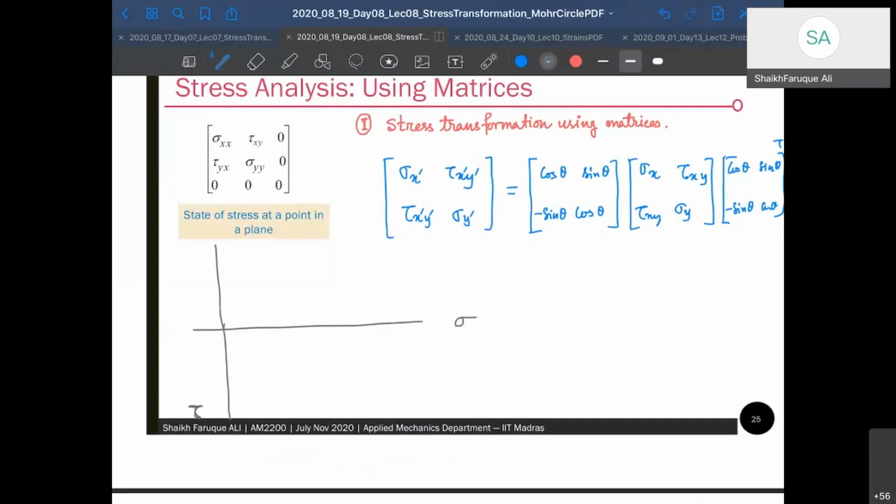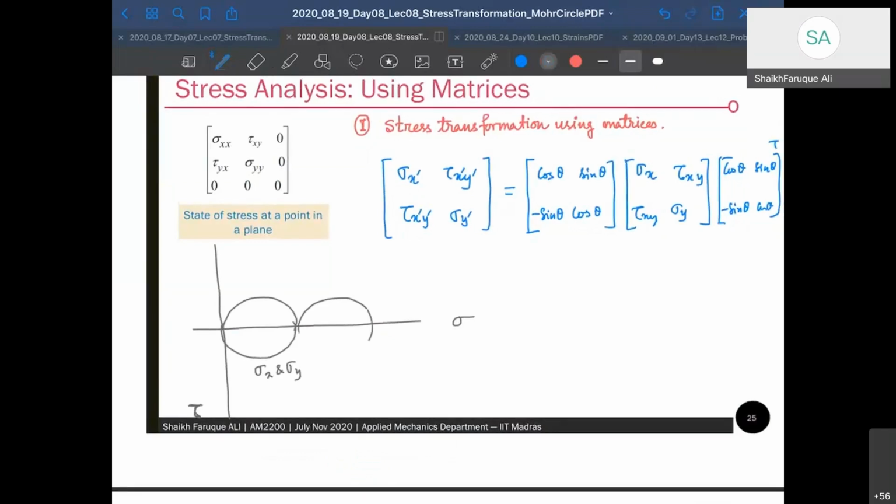So you have to draw a circle between sigma x and sigma y. Then you have to draw another circle between sigma y and sigma z maybe. And then you have to draw another circle between sigma z and sigma x. So like for the cube also, we will take each face of the cube and analyze it, sir. Right, that we will do. And then there is a way of finding principal stresses.